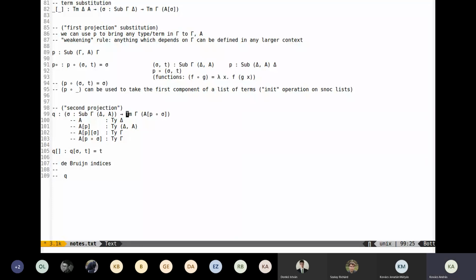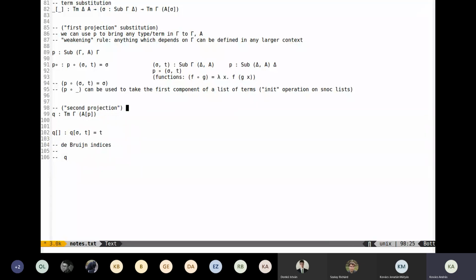okay, here I made a mistake. I think this is wrong, because this is actually just Tm. I mixed up another definition of P and Q. There are slight variations of definitions of P and Q, but they are all equivalent.